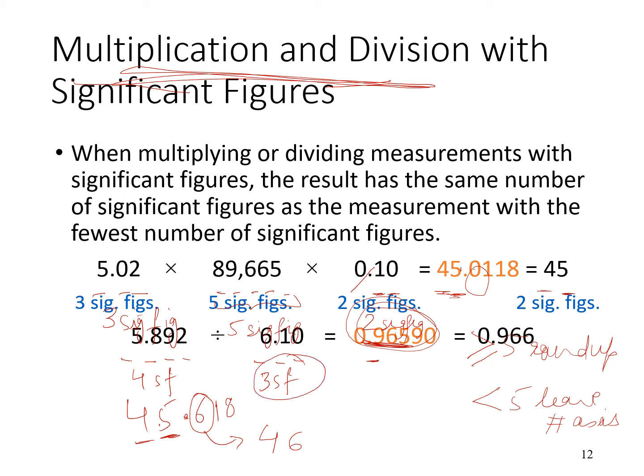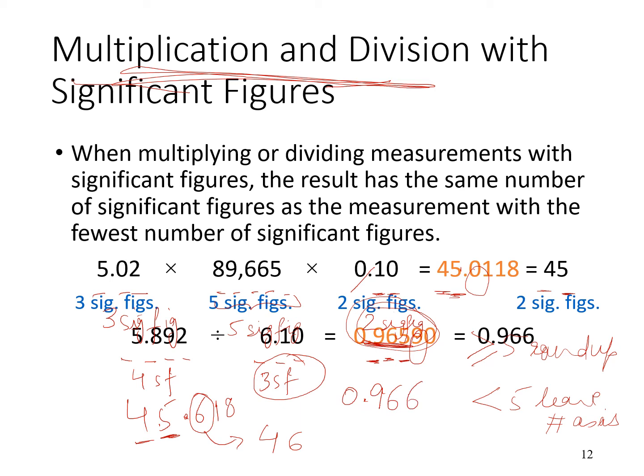3 sig figs would be 0. We don't count this towards sig figs because it is on the left side of the number. So we start with the number, which is 1, 2, 3. The digit following the correct number of sig figs is 9, which is greater than 5, which means your final answer would be rounded up to 0.966.